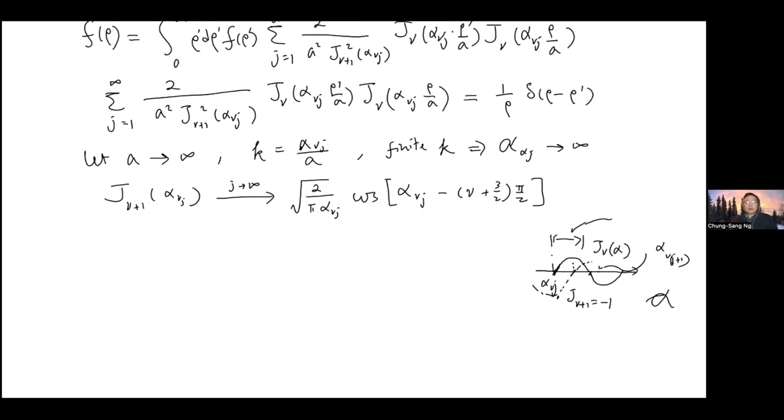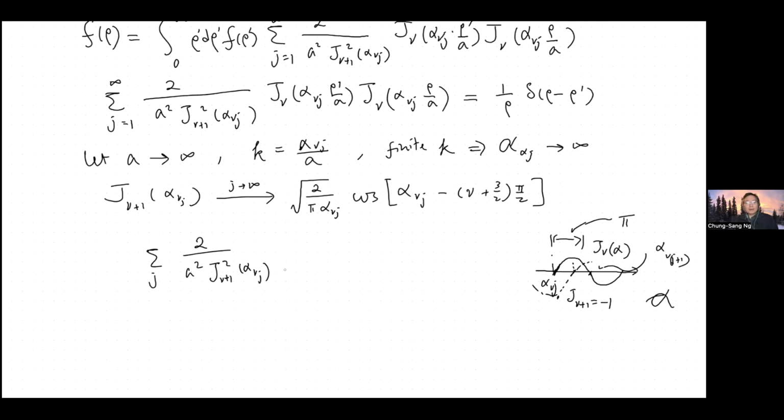And now we can have the order estimation of this summation, the summation over j of 2 over a squared J sub nu plus 1 squared of alpha nu j, right?